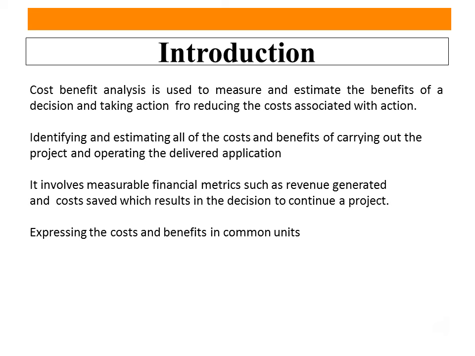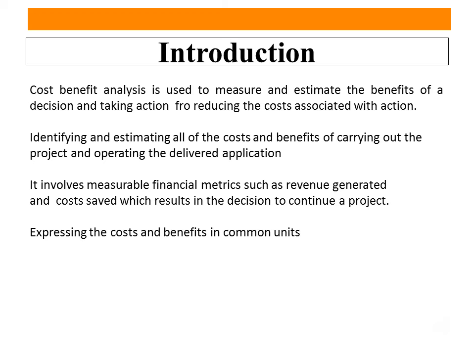The next point is identifying and estimating all the costs and benefits of carrying out the project and operating the delivered application. It involves measurable financial metrics such as revenue generated, or we can say tax generated.